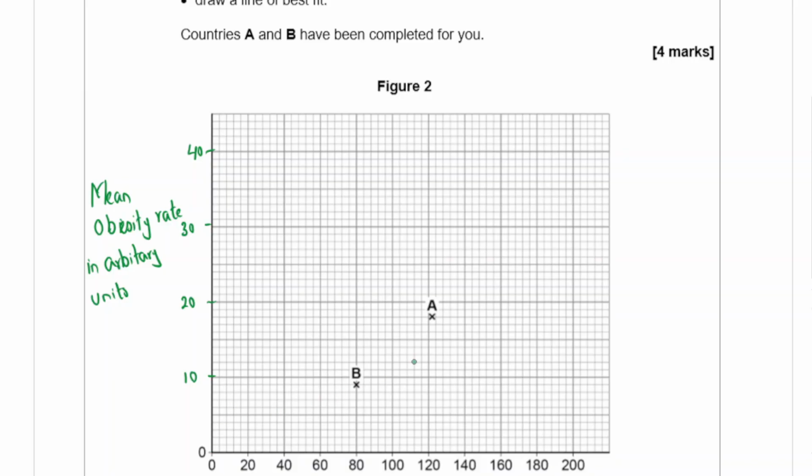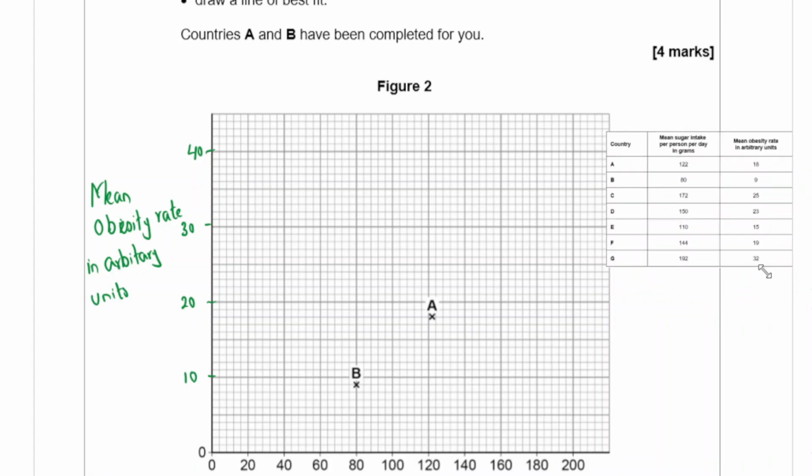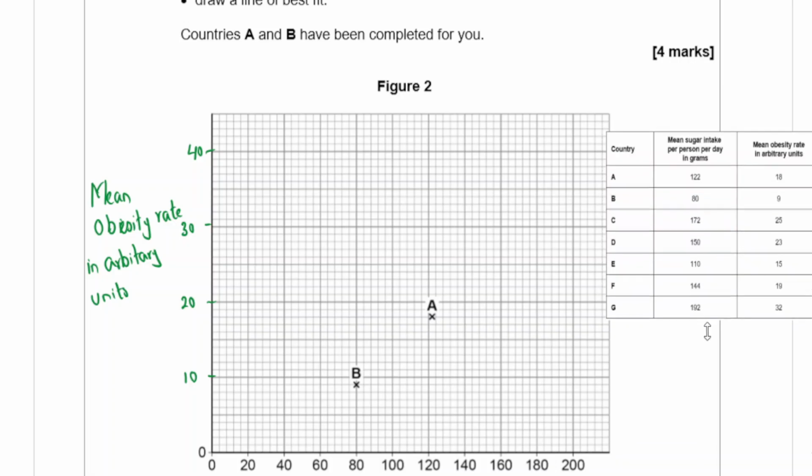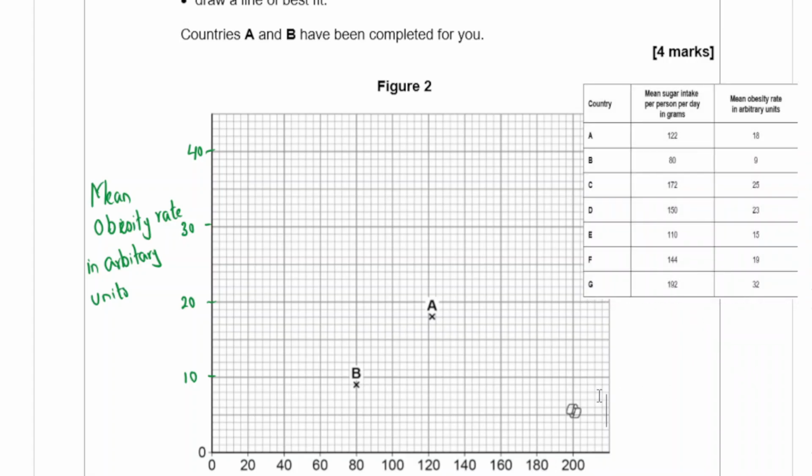So let's say A was 122. Let me bring a copy of this table so we can actually see this on the side. Hopefully you can see it. That should help. Right, so as you can see, A is 122.